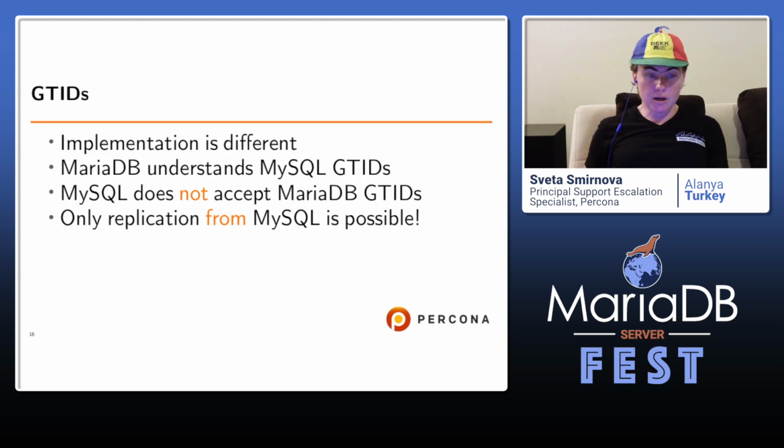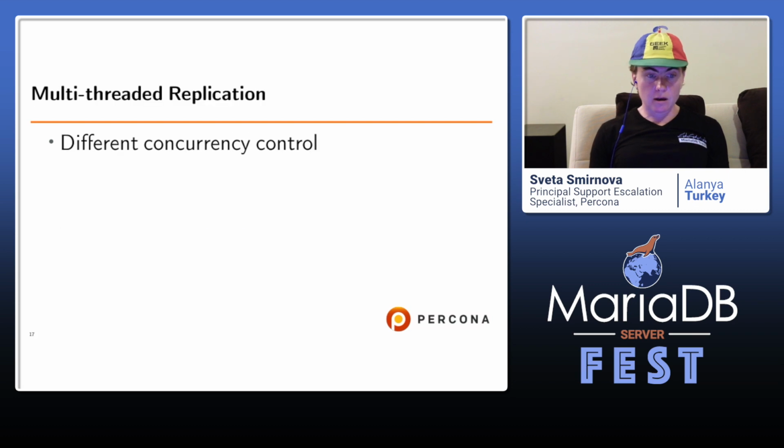MariaDB understands MySQL GTIDs, but MySQL does not understand MariaDB GTIDs. So only replication where MySQL is the source is possible, but when MariaDB is the source it is not possible. So only replication from MySQL to MariaDB is possible if you are using GTIDs.